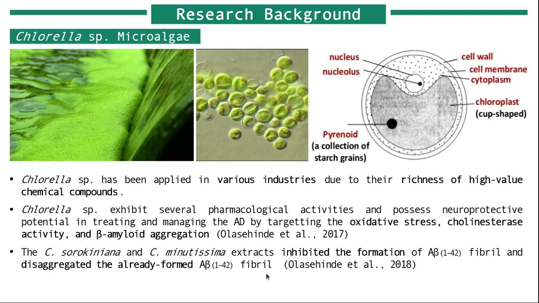However, they couldn't identify which compound was involved in the inhibition and disaggregation of AB fibril. So that's why we conducted this experiment, because we want to identify which compound is involved in the inhibition and disaggregation activity.